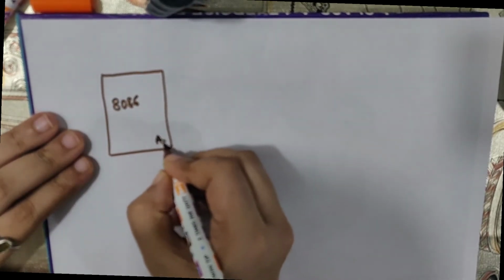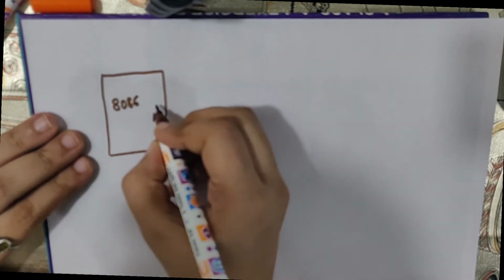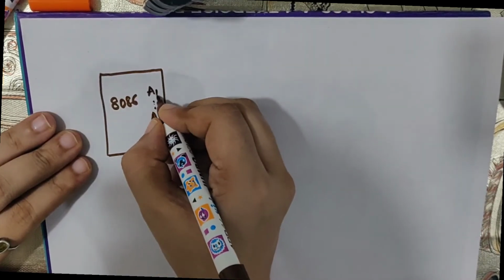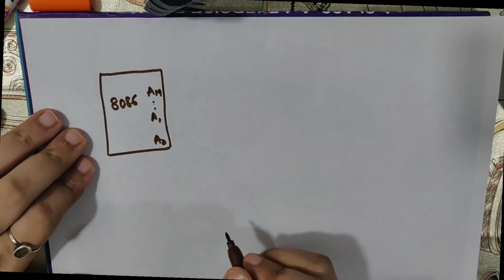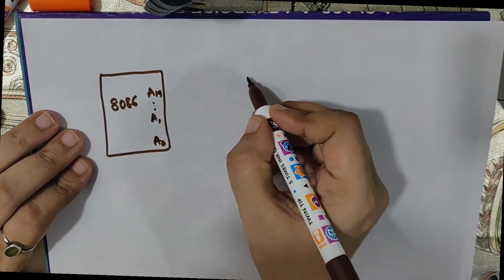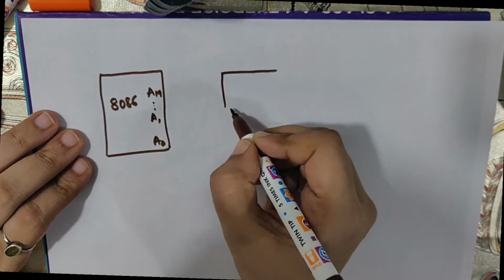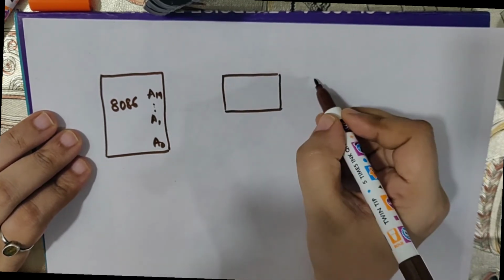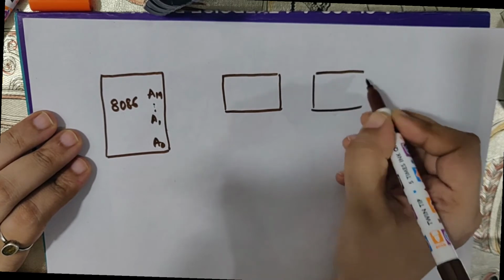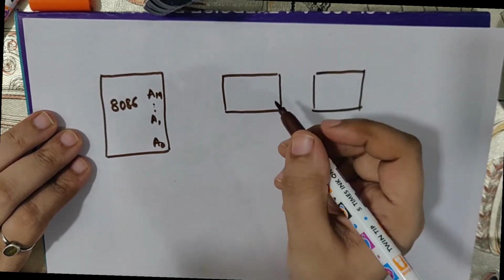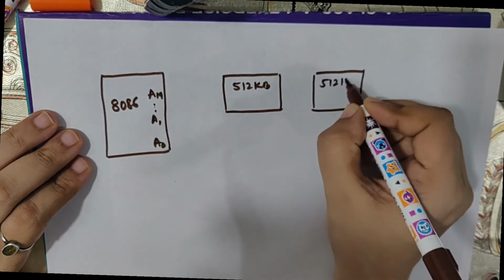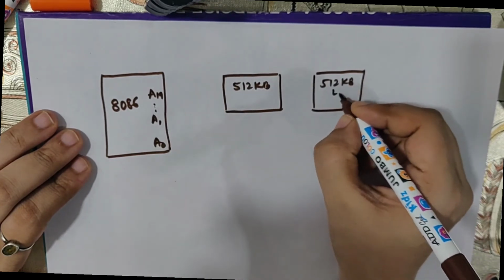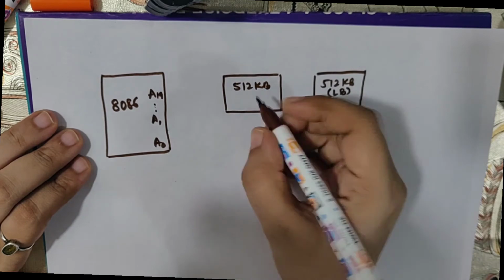I have address pins A0, A1 up to A19, and my memory is divided into 2 chips. Each chip is 512 KB. This is also 512 KB. This is my lower bank and this is my higher bank.